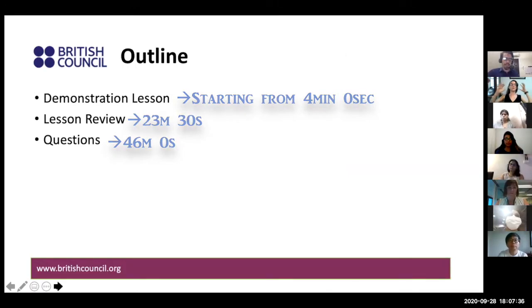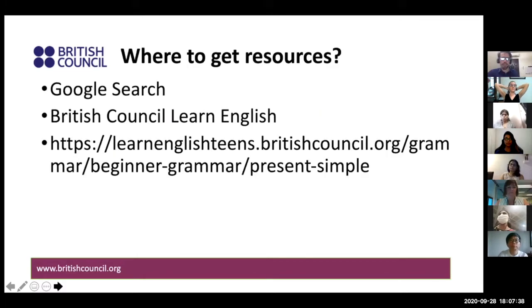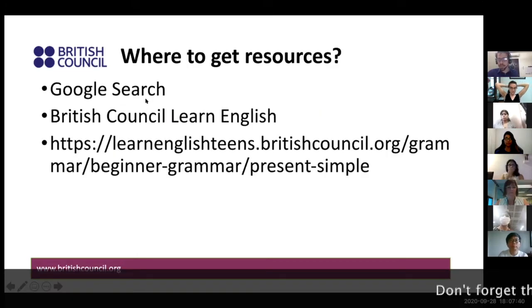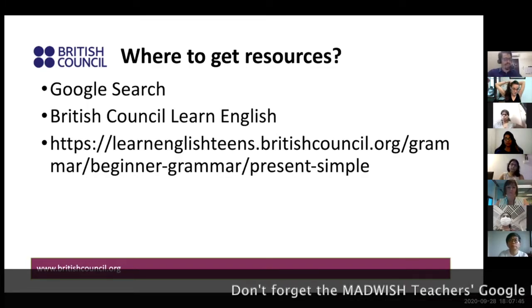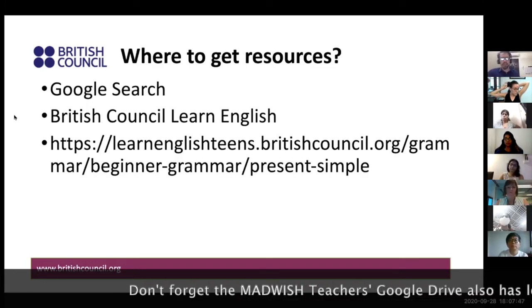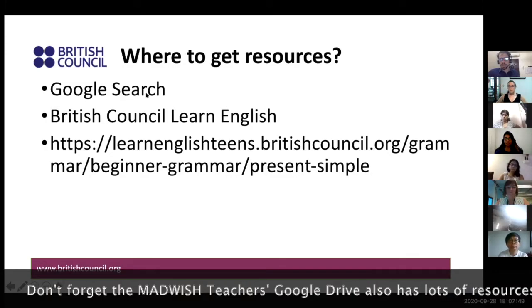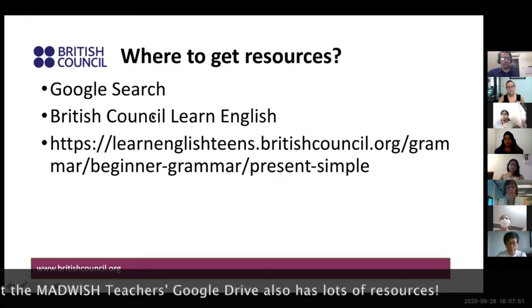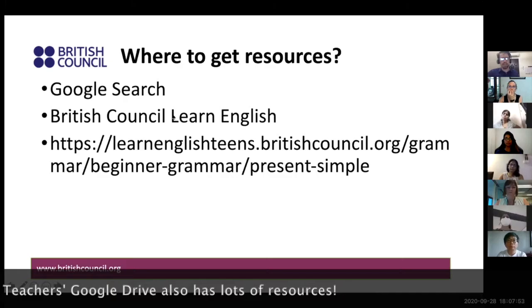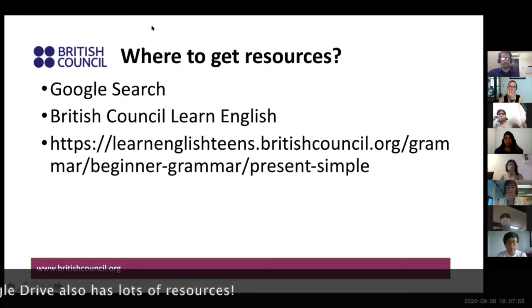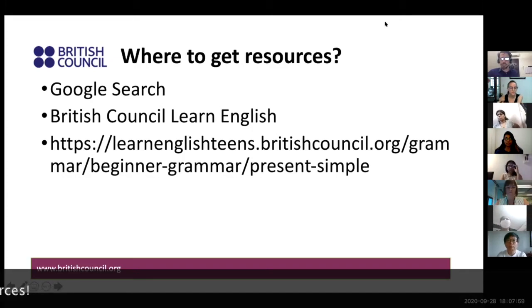To start with, I wanted to go through where to get resources, because I know this is something lots of people need. The obvious thing is a Google search. I'm going to show you very quickly the British Council Learn English website, which is where I've taken the resources for today from.